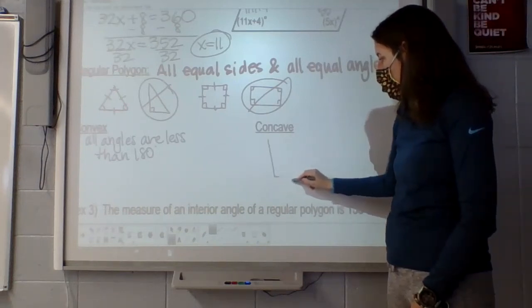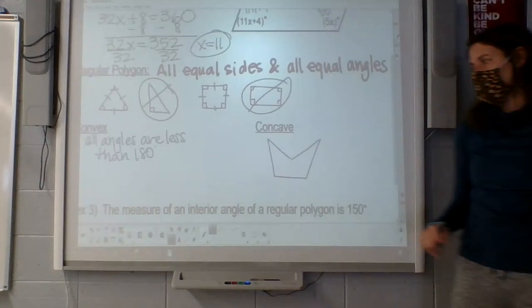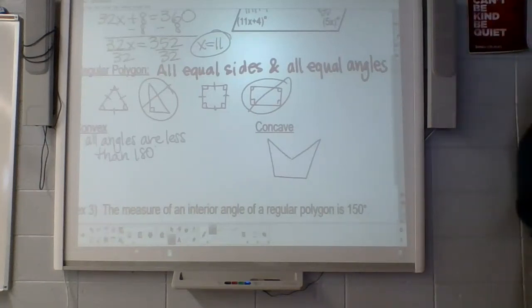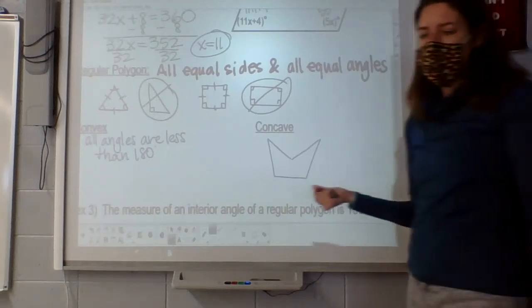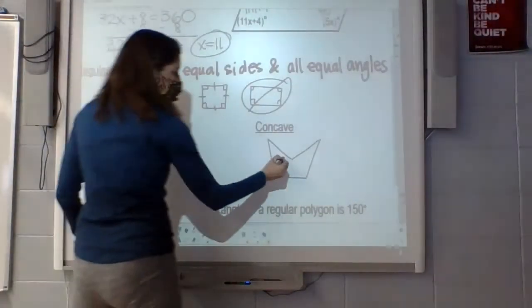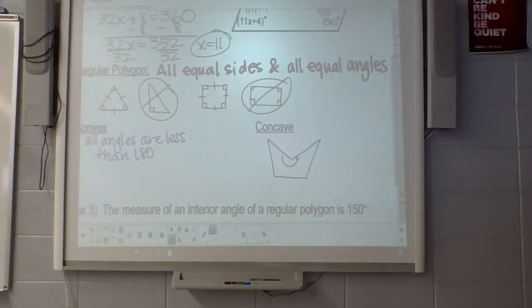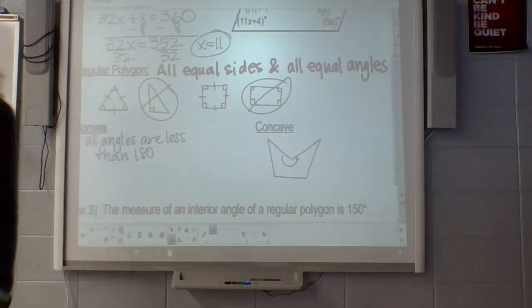So this is an example of a concave pentagon. It's still a pentagon. Sounds like I made up a new name. It's still a pentagon, but it's a weird looking one because this angle is more than 180 degrees.